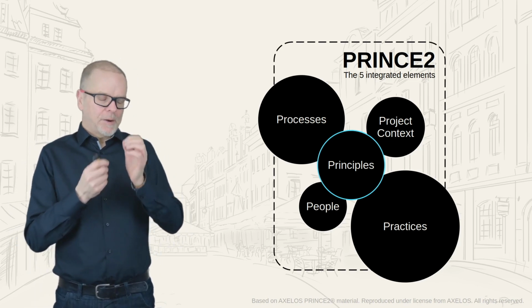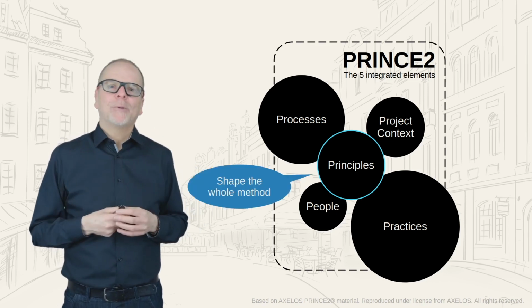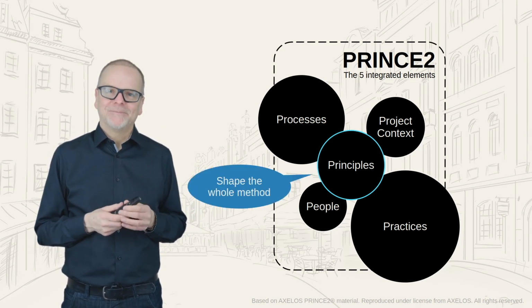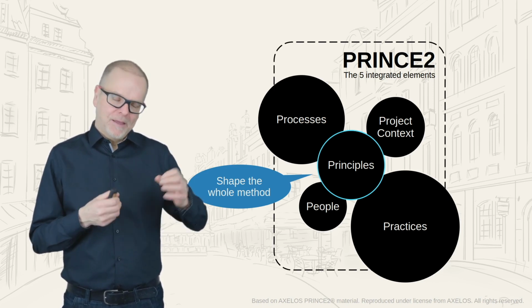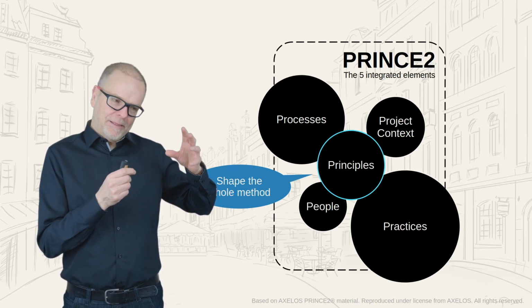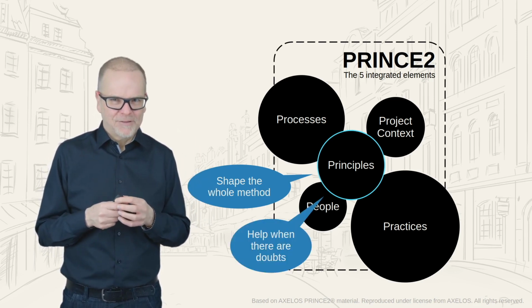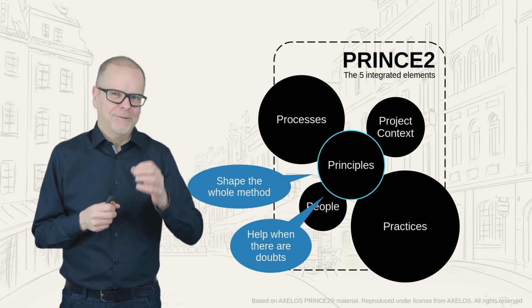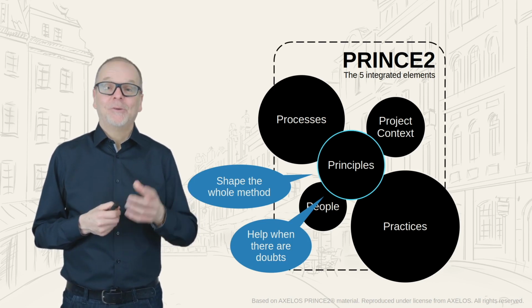Well, actually, principles from a PRINCE2 point of view really help to shape the whole methodology. They really help us as a project manager as well. And how do they do that? Well, they can actually help us to find the best option if you have doubts. What does that mean? Well, they help us to make better decisions, which is important.